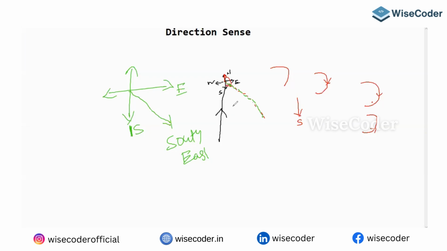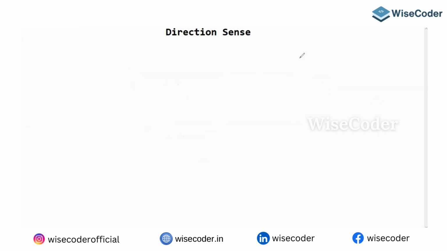Answer for this question is southeast. Let's try to solve the next question. Please write down. Mahesh, who is facing north, turns 90 degrees in clockwise, and then 135 degrees in anti-clockwise direction.